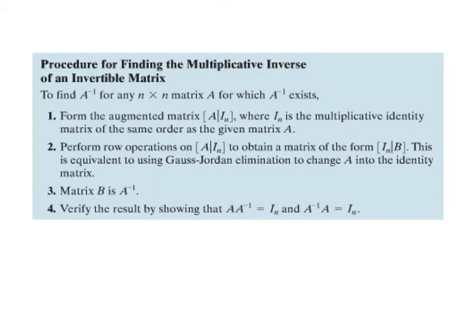So the procedure for finding a larger matrix multiplicative inverse. So if the matrix is invertible, now we cannot look at a matrix and know if it's invertible or not, but if it's invertible, we would find through this process that it works. If it is not invertible, the problem would happen in step 2 of performing row operations.